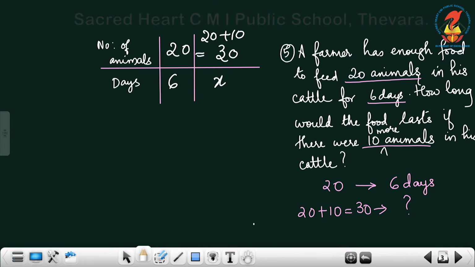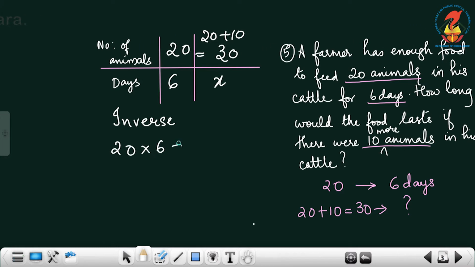So let x, you can take any variable, I am taking it as x here. Let x be the number of days, then it's an inverse proportion, and for an inverse proportion the product will be constant. So 120 is equal to 30x.